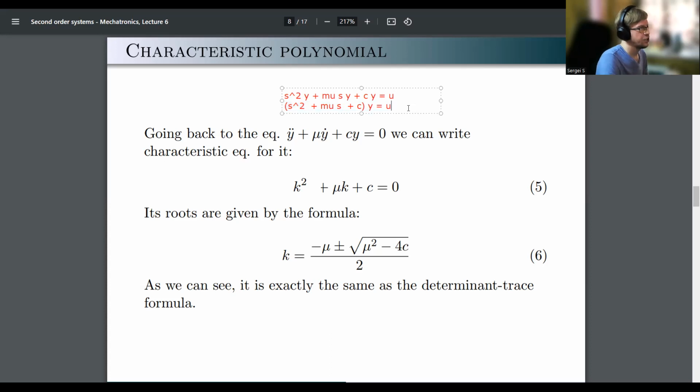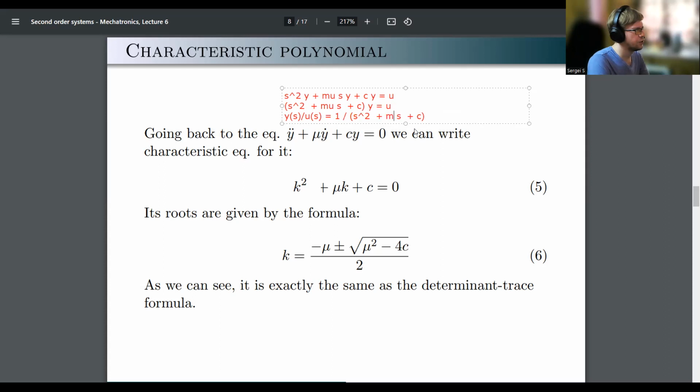In the next stage, we would have said, all right, let us find what is y divided by u, the ratio of those two. And this will be 1 over this whole bracket. So this is what we would have done.